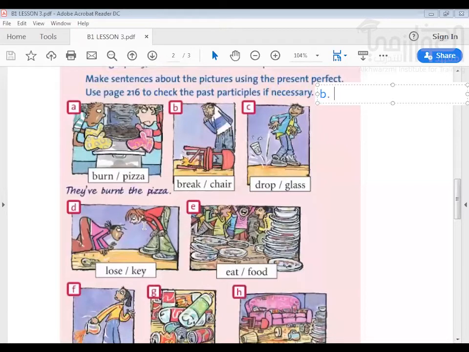So we can have the answer like this: he has, we can make it short, he's, the same as he has, he's broken the chair. Or we can write it in full, he has instead of he's. Okay, he has. And then let's look at C. What do you think? Look at drop, glass. He's dropped the glass. So it should be he has.